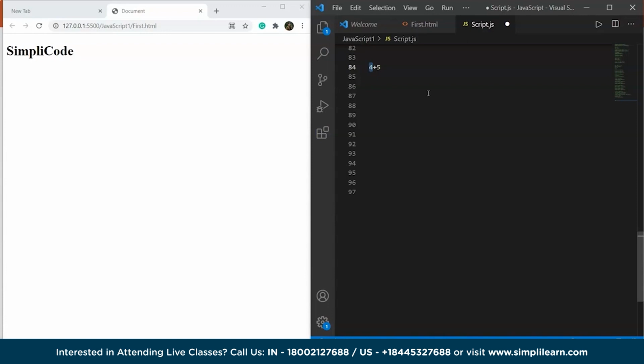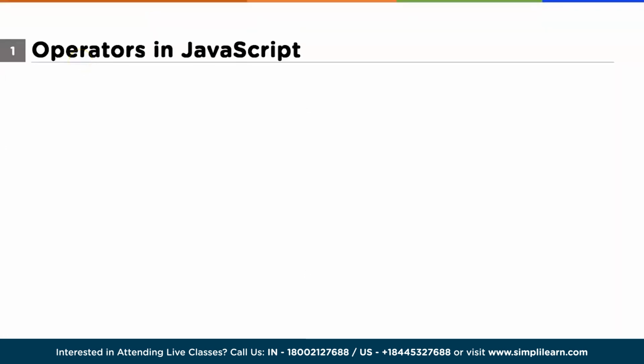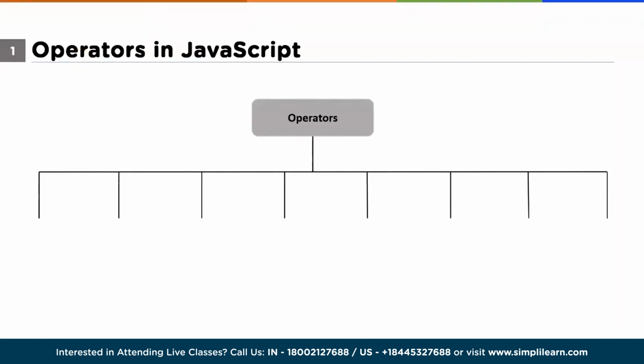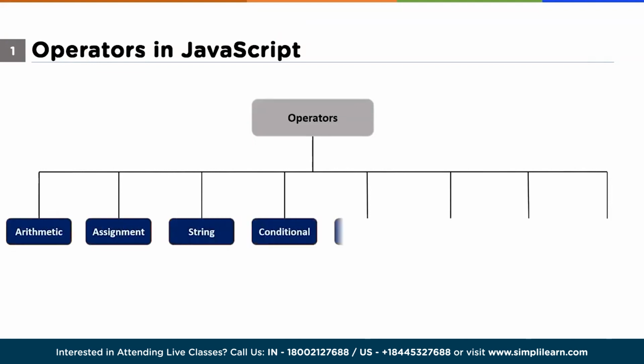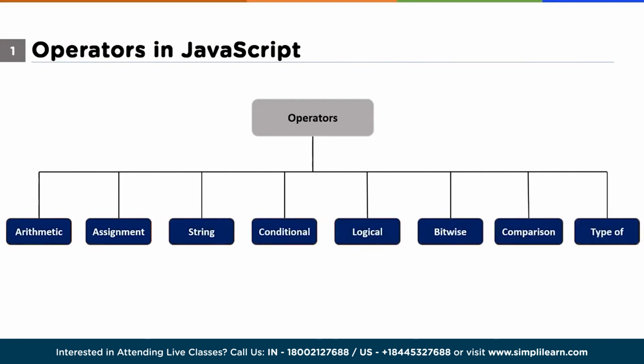In JavaScript there are basically 8 categories into which operators are divided: arithmetic, assignment, string, conditional, logical, bitwise, comparison, and type of operator. We'll discuss the first 3 types in this video, that is, the arithmetic, assignment and string operators. The rest we'll talk about in the following video.